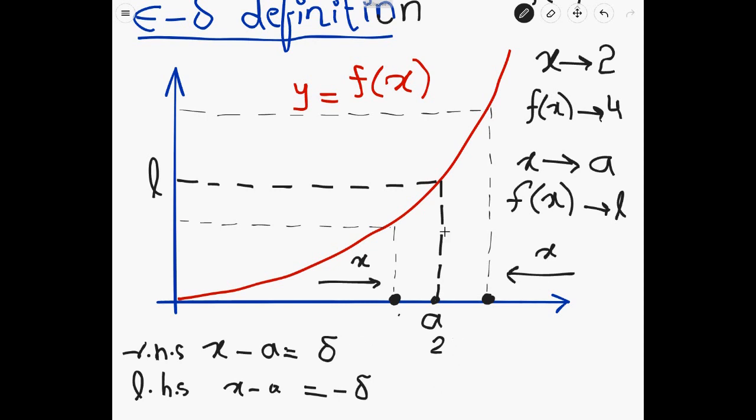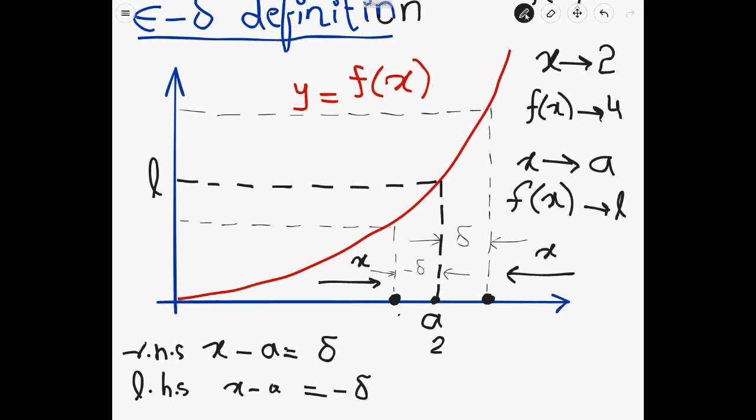So when you approach point A from the right hand side, the difference between A and this point x is delta. Similarly, when you approach this point A from the left hand side, the difference is negative delta, as I have shown in this figure.